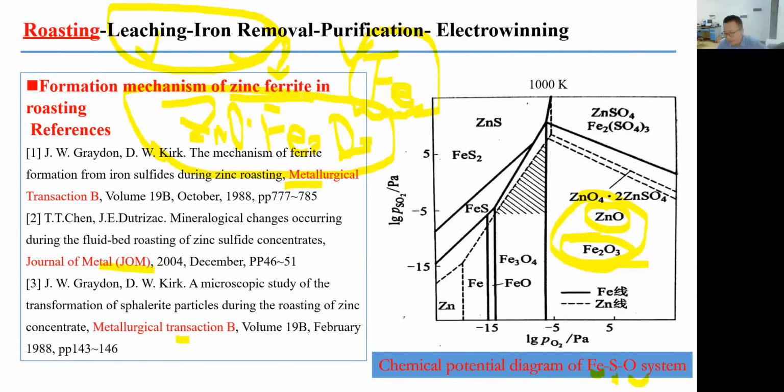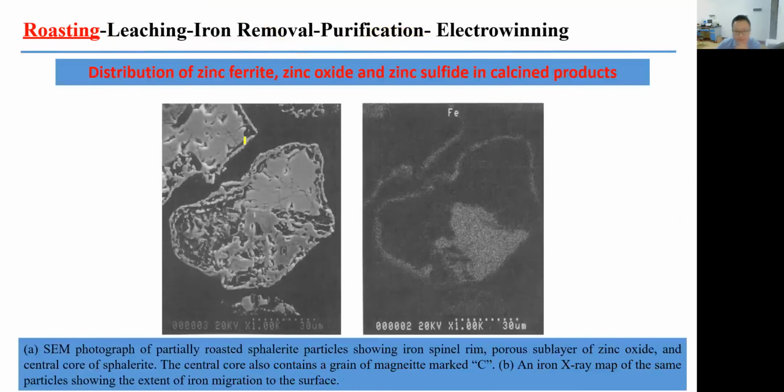It will happen, it must happen in this process. It cannot be avoided. And if we have some detailed discussion about the calcine or roasting process, the distribution of zinc ferrite, zinc oxide, and zinc sulfide in the calcine can be examined.